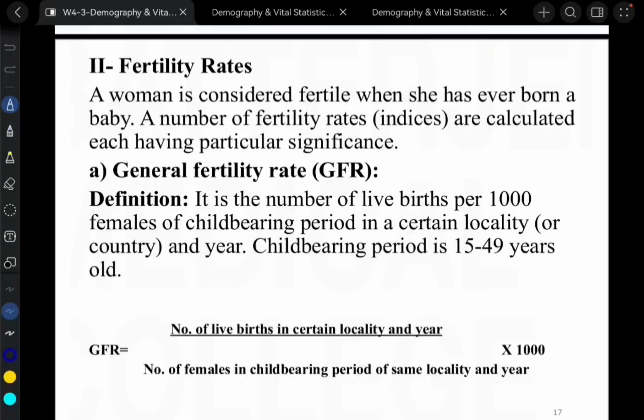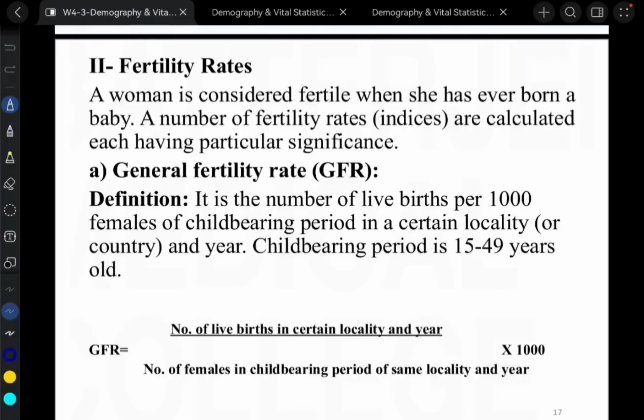Now for fertility rate, a woman is considered fertile when she has ever borne a baby. A number of fertility rate indices are calculated, each having particular significance. First of all, we have the general fertility rate, the GFR. This is the number of live births per 1,000 females in the childbearing period. So it's not over the whole population this time, it's over the number of females in the childbearing period, by their ages, so between 15 and 49 years old.